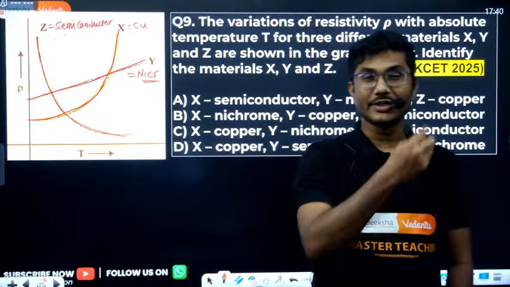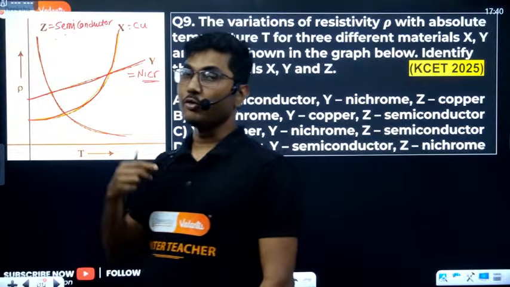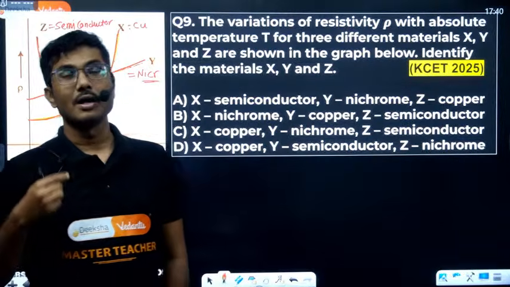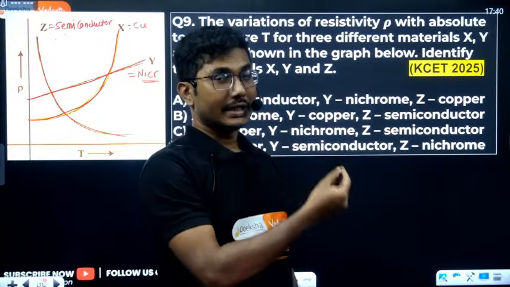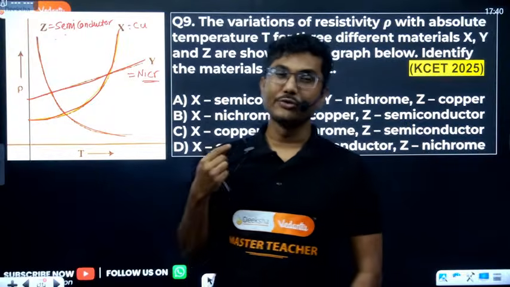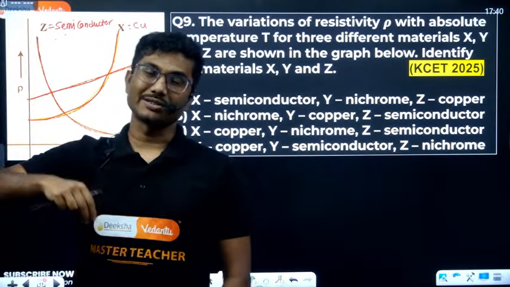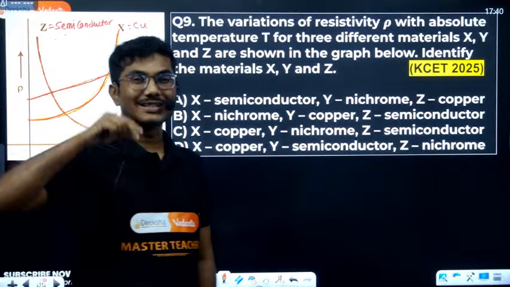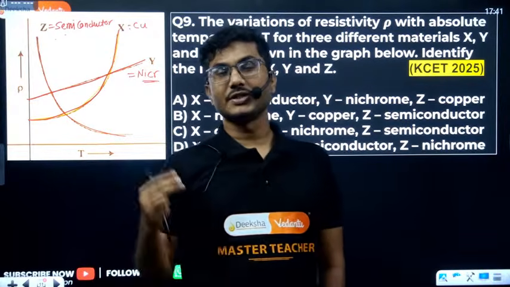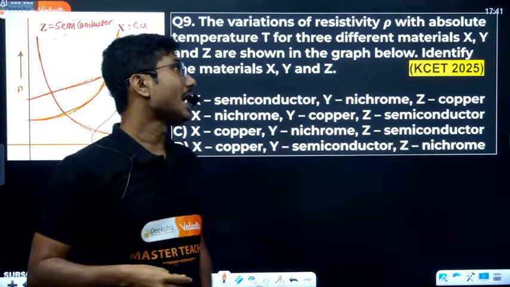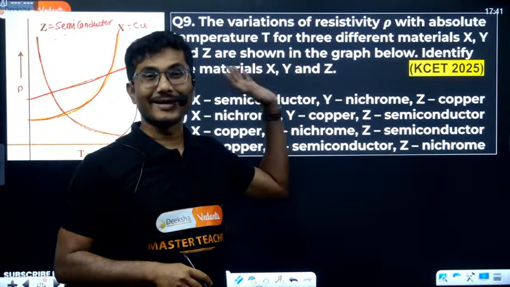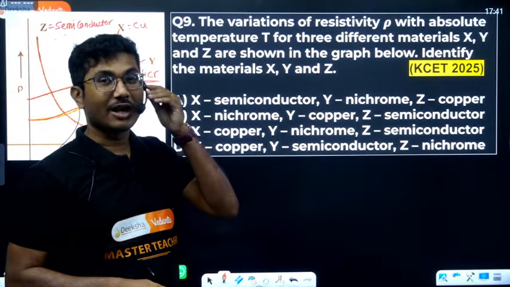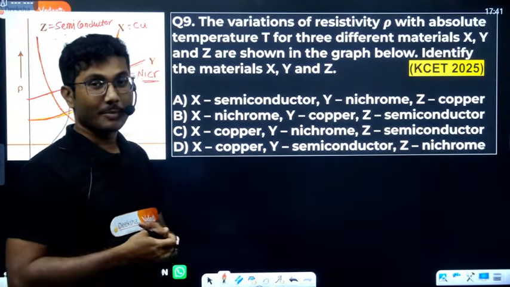What is standard resistance? In future, when you are doing lab experiments based on, say, resistance boxes, whenever you use a resistance box, inside the resistance box there are some resistances used. Okay, and those resistances are called standard resistance, and standard resistances are made using alloys such as nichrome or manganese.